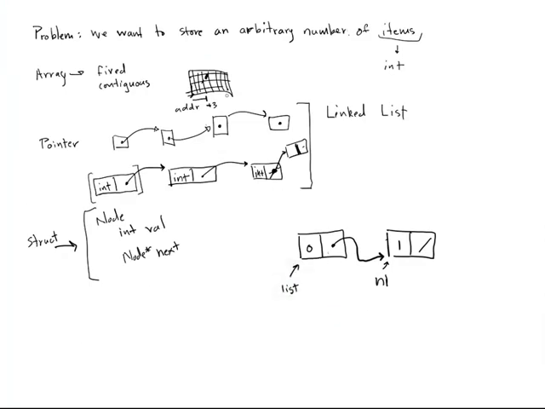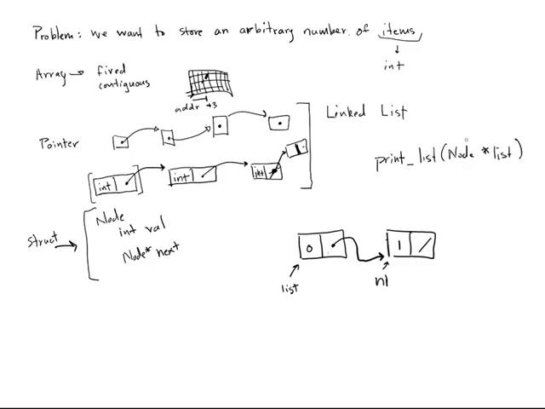With this function, print list, node star list, what this function is asking for is the address of the first node in the list that we want to start printing the output from.